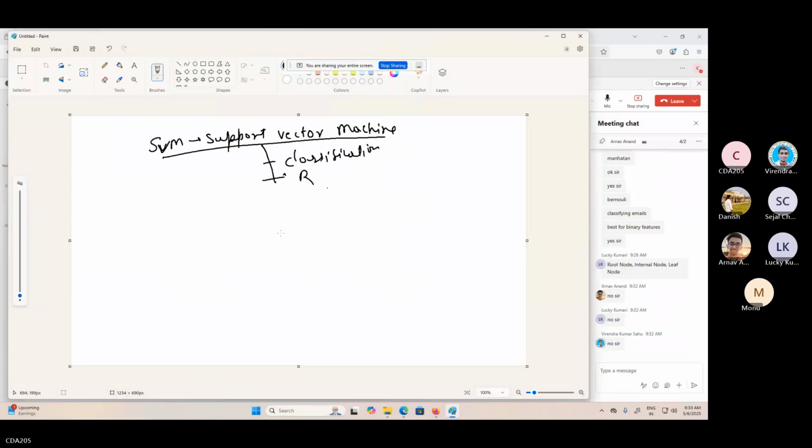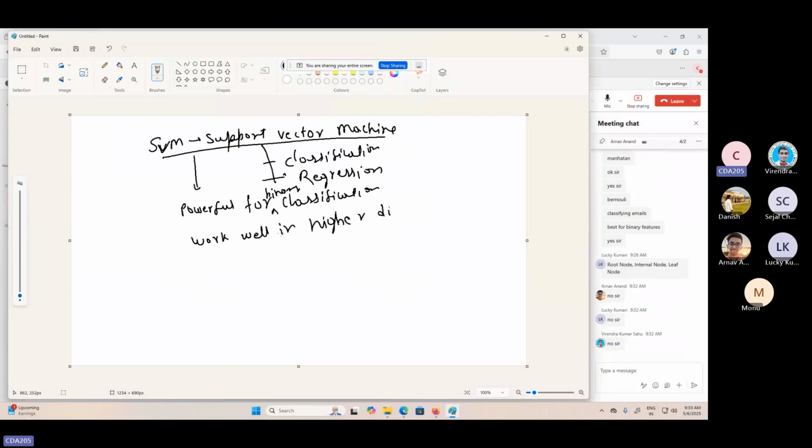Remember it. But mainly it is powerful for binary classification, and it works well in higher dimensional space.